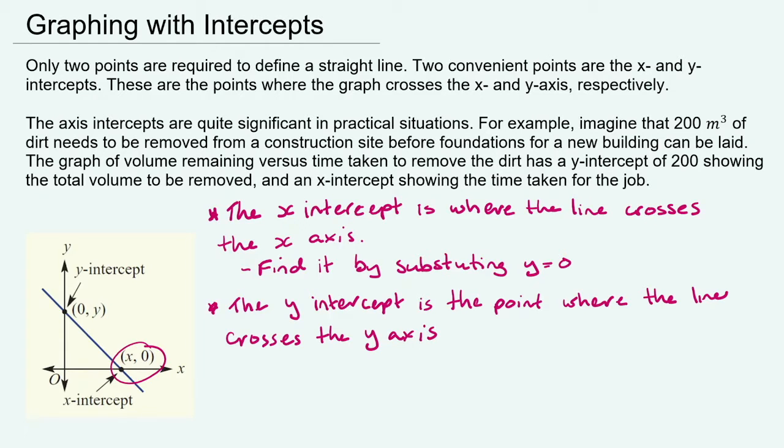We can find it in a very similar fashion as well, by substituting x equals 0 this time. So that's what these intercepts are. They are where we cross our axes, and we can substitute in the opposite variable with 0 so that we can find where that intercept is.